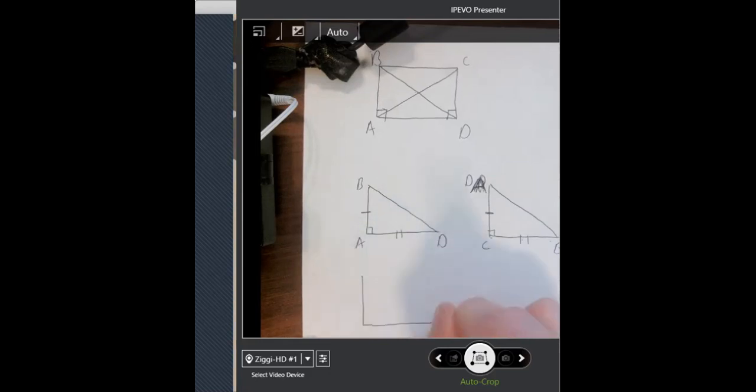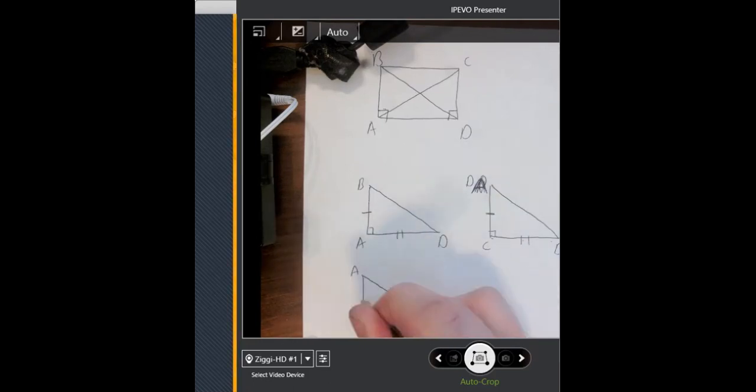We can also do this with triangle ABC. We could have the same statement between any two of these triangles.